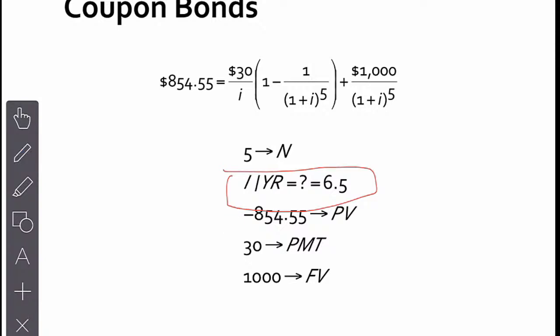We put the price in as a negative because that's the value to be paid today, to receive $30 every period as your payment and a $1,000 face value at the end. Then you ask to compute I/Y.